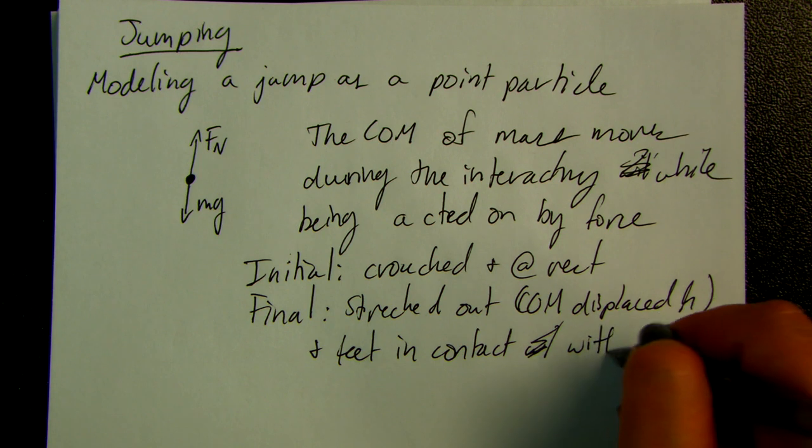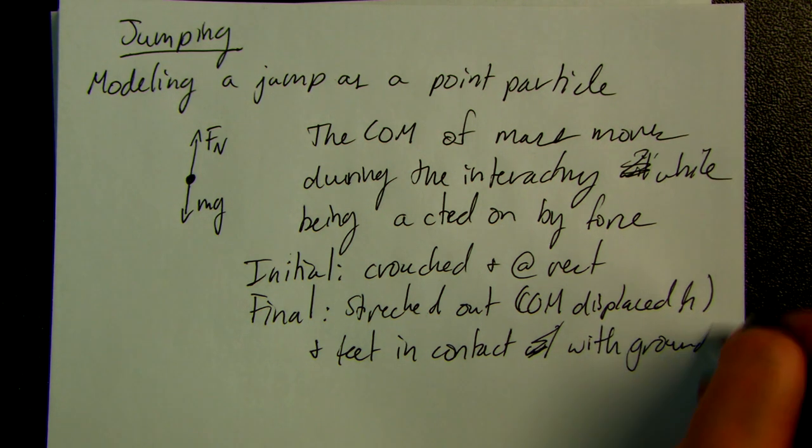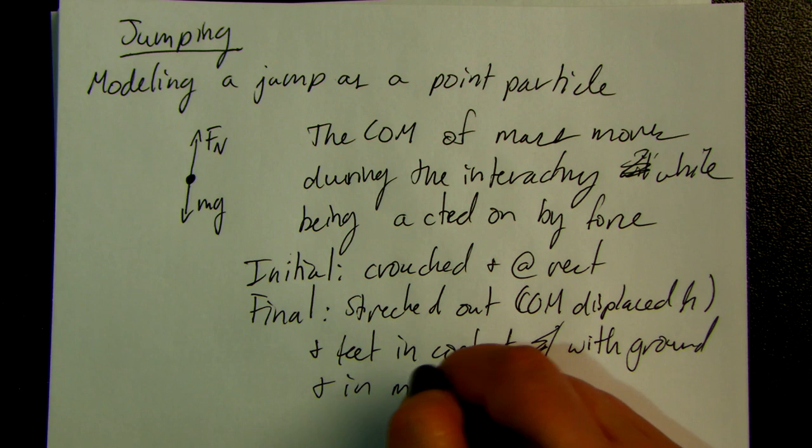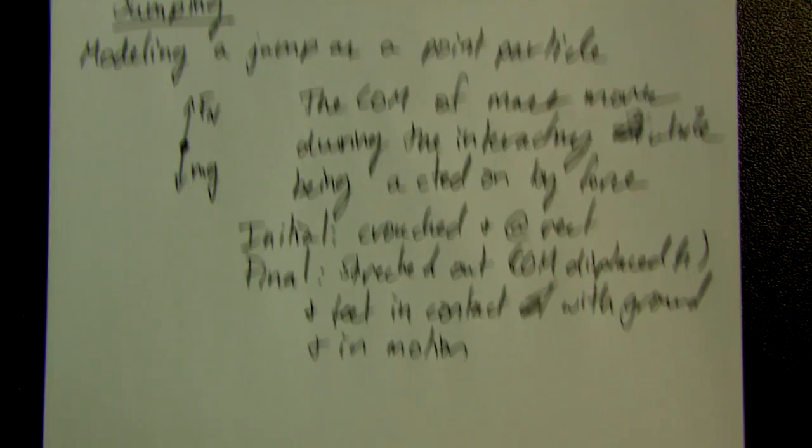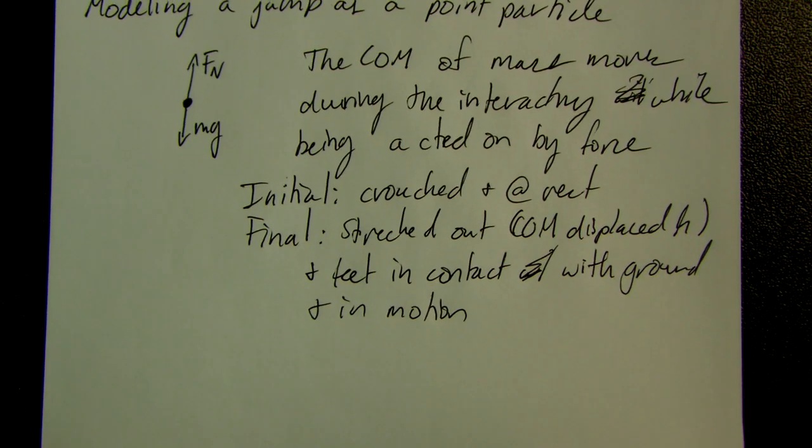In contact with ground and in motion, so you're getting ready to jump. So we're not looking after the feet leave the ground, and that's because we want to keep the forces constant the whole time.